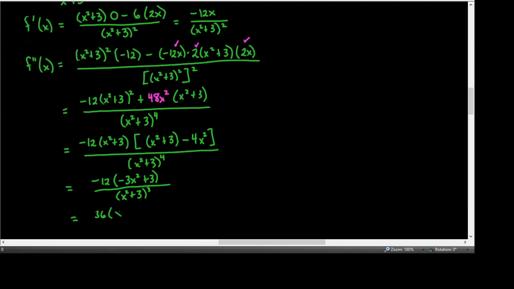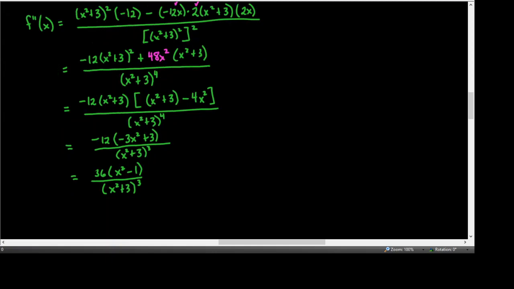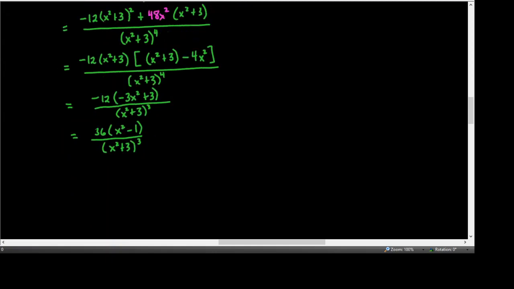That will leave positive x squared minus 1 over x squared plus 3 cubed. And then that factors to be 36 times x plus 1 times x minus 1 all over x squared plus 3 quantity cubed.